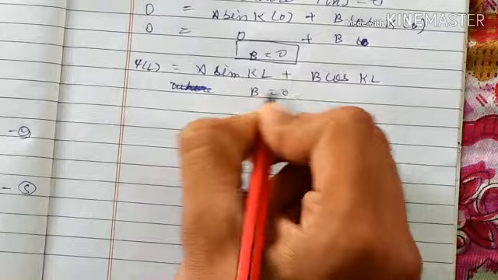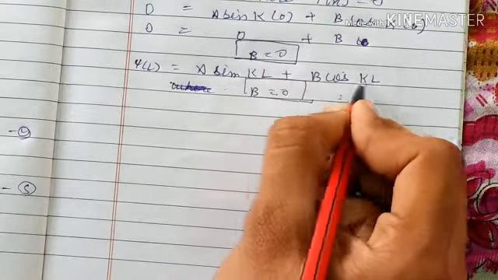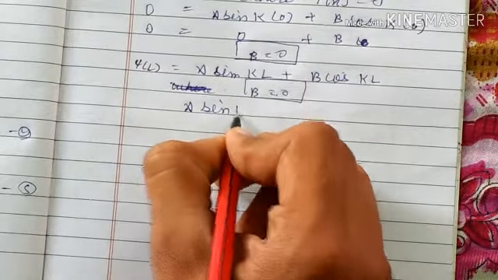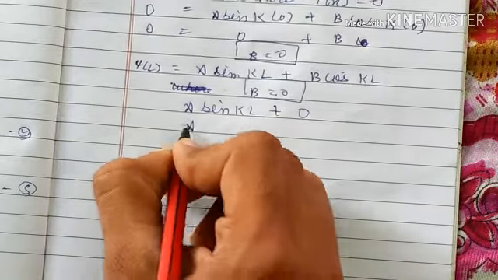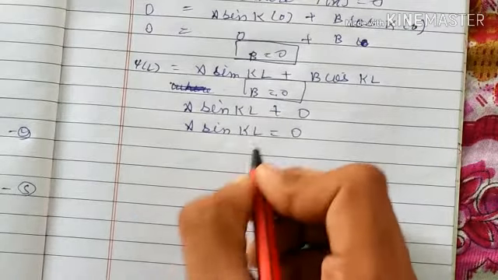B is equal to 0, which we already found out, so A sin kL plus 0, A sin kL is equal to 0.